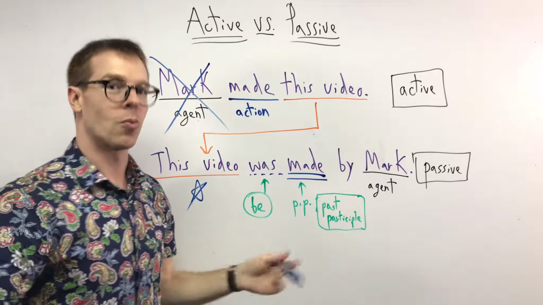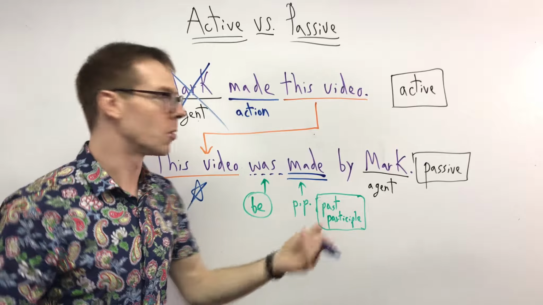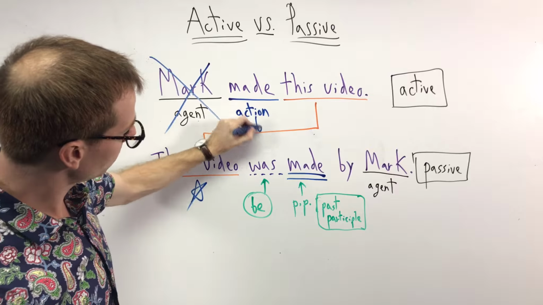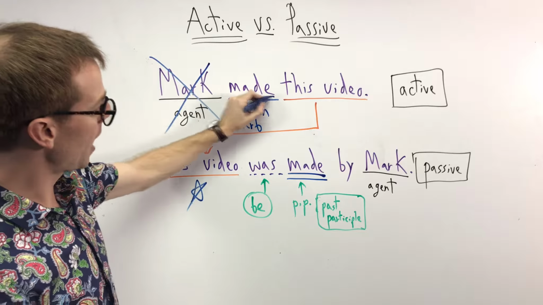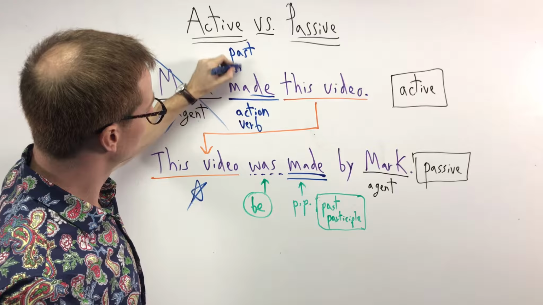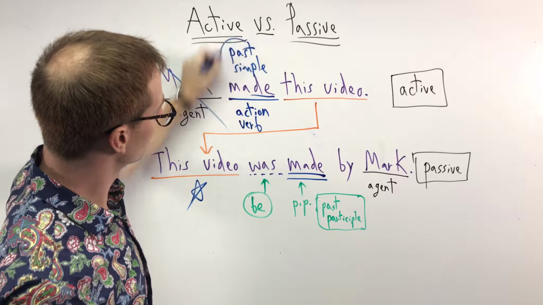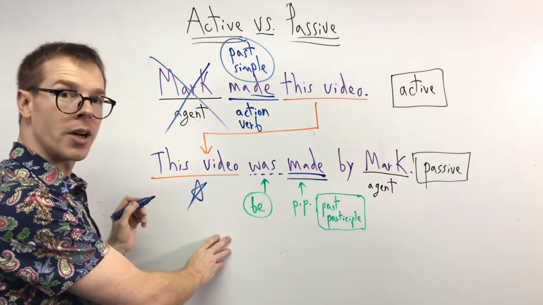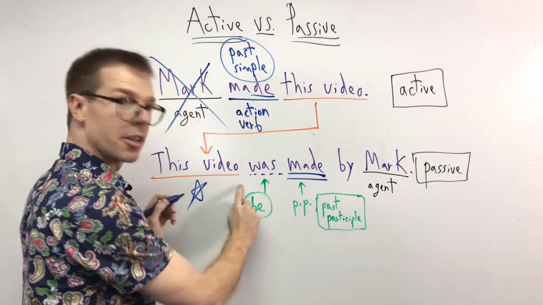In order to do that, we need to change the grammar a little bit. So here we had made, right, our action verb. This action verb made, we know it's in the past simple, right? There's our past simple. So when we change to passive voice, we have a new pattern.